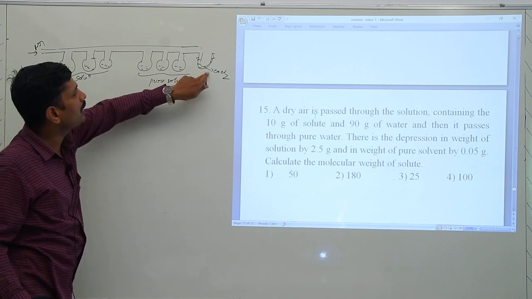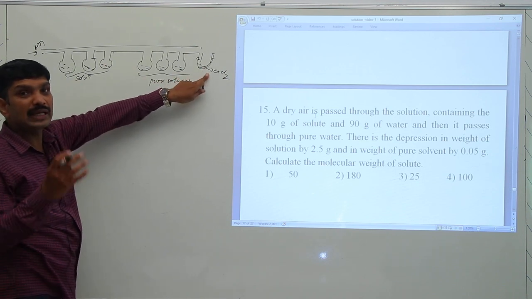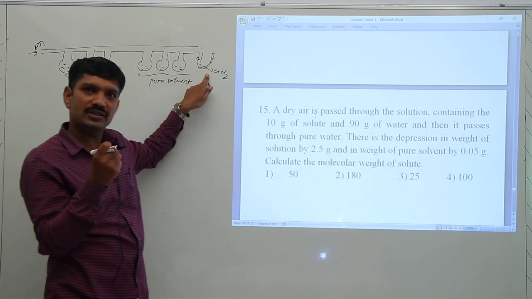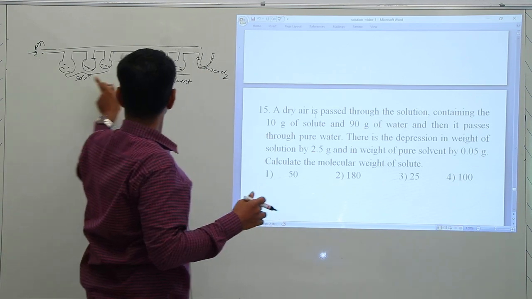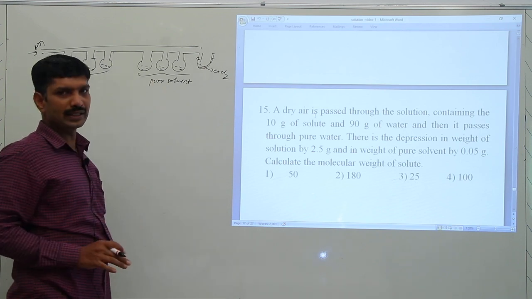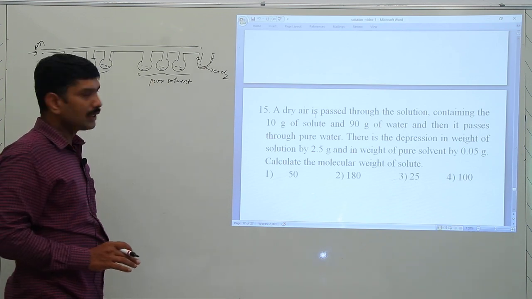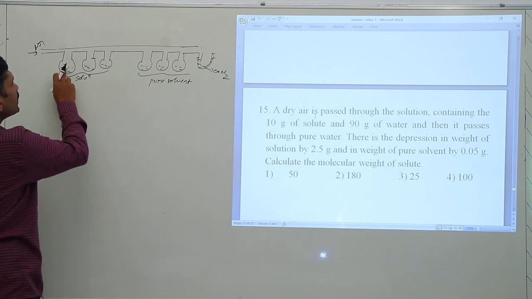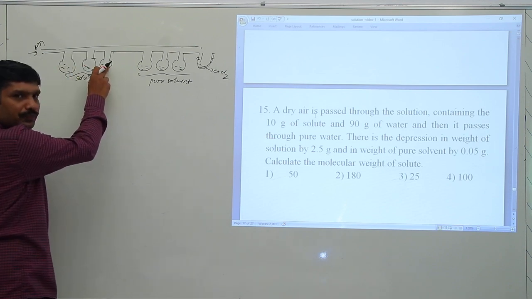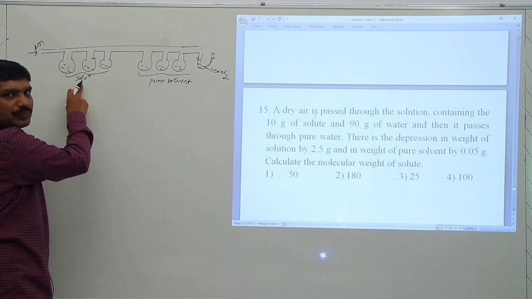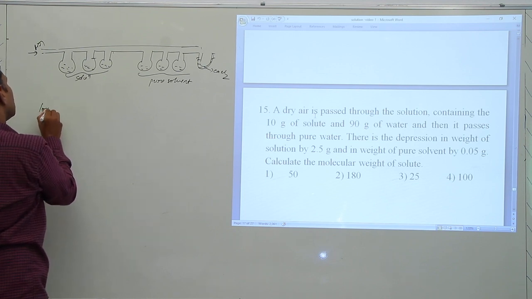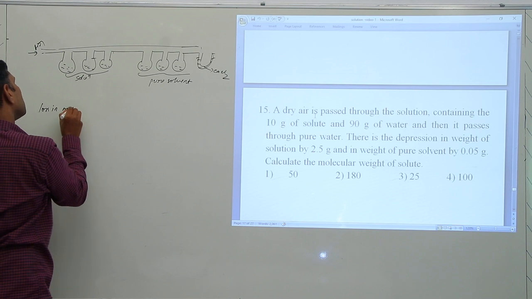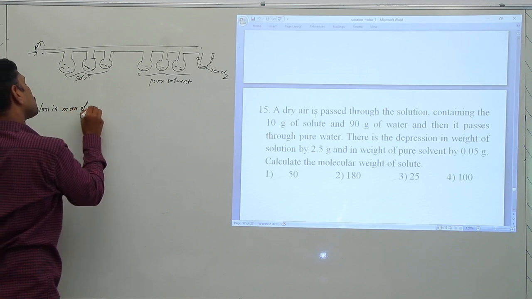Then it passes into the U tube containing calcium chloride, which absorbs all the vapors from the air. As a result, the mass of the U tube increases, and the mass of these two sets of bulbs decreases. So the loss in mass of the solution bulbs is directly proportional to the vapor pressure of the solution.